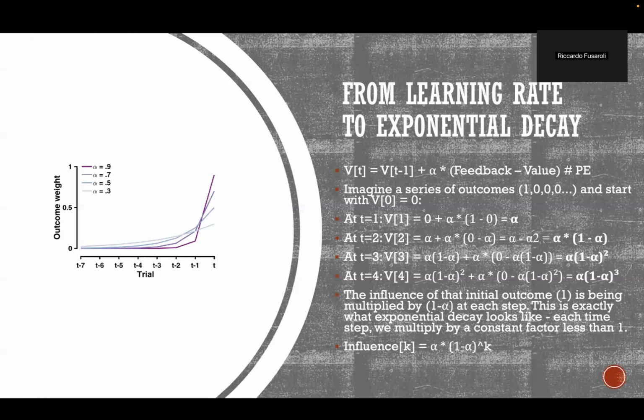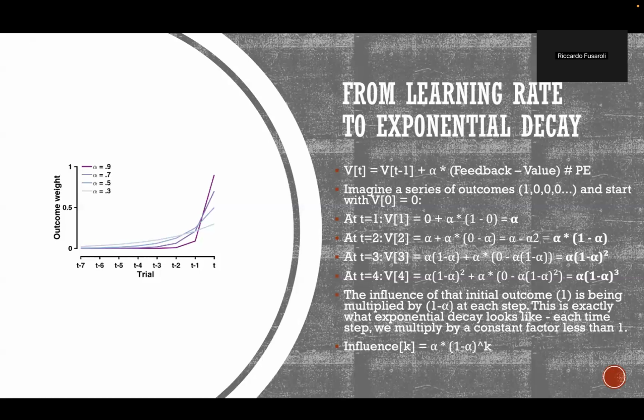We repeat it at times 3 and at times 4. And what we start to notice is that at all these steps, we have alpha times 1 minus alpha to the power of how many steps of distance we are. Power of 1, power of 2, power of 3.